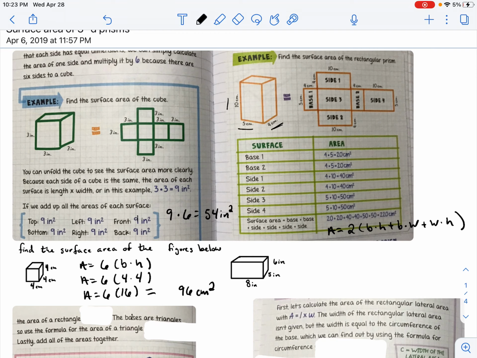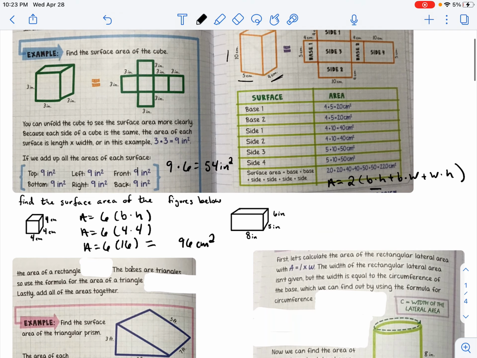Base times height would be your side 3 and 4, and then width times height would be, sorry, your side 1 and 2, 4 times 10.